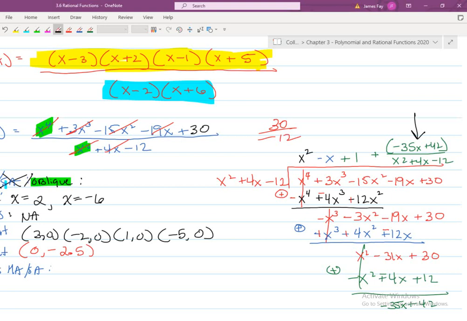Yeah. So what is that remainder over my divisor? What is that thing going to go to in regards to x becoming really, really, really big? 0. That thing is not important to us in regards to the end behavior. Okay? So, what's that mean to us?